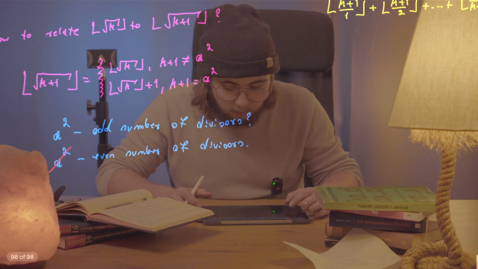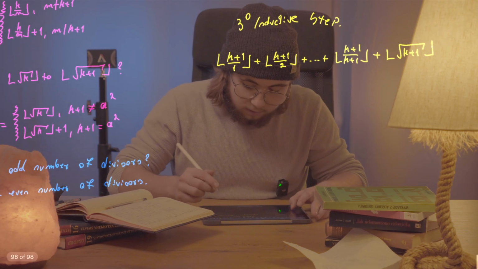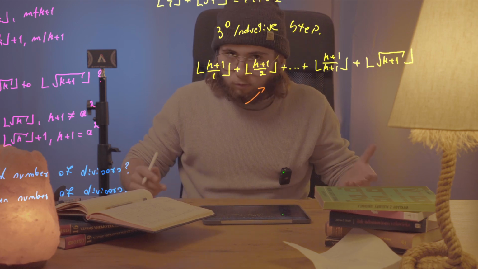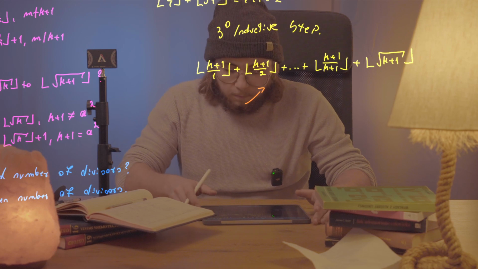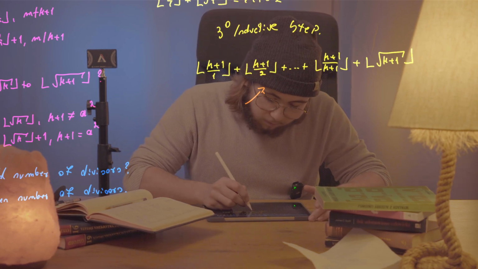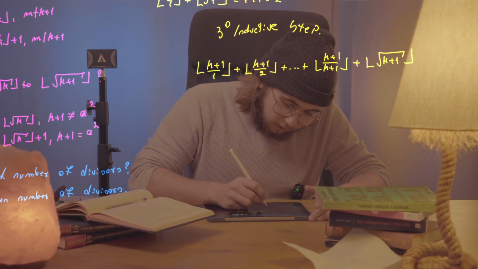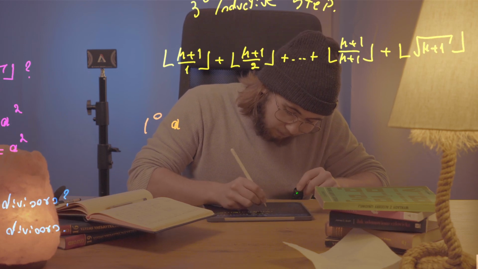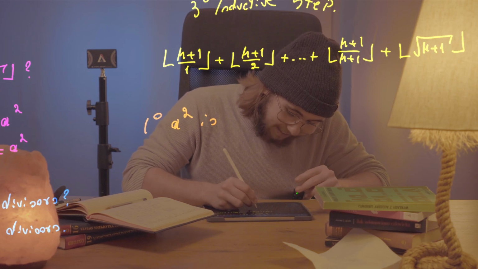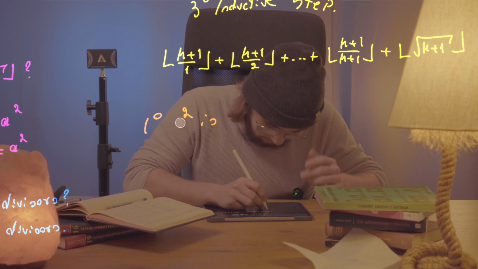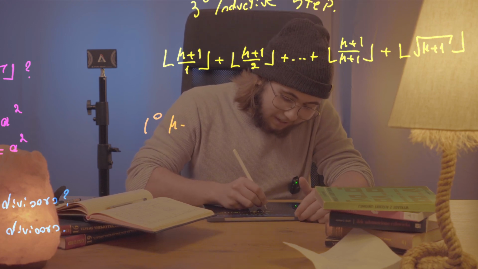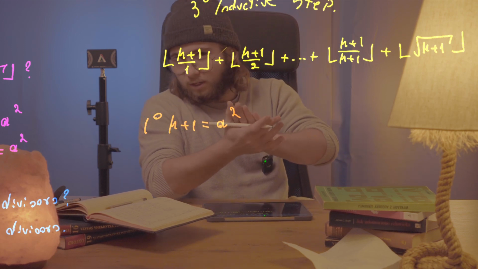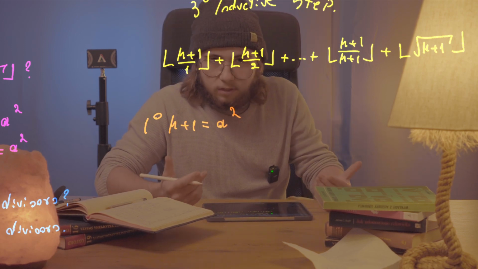Why is that so? Because now, when we look at the case of n being equal to k plus 1 in the inductive step, let's say for the first case in the inductive step that k plus 1 is a perfect square. So k plus 1 is equal to some a squared. What does it mean?